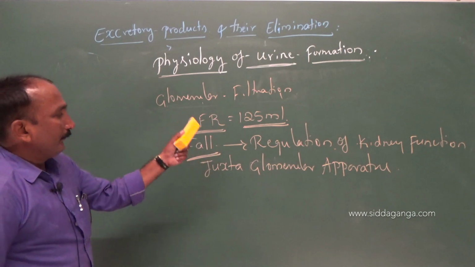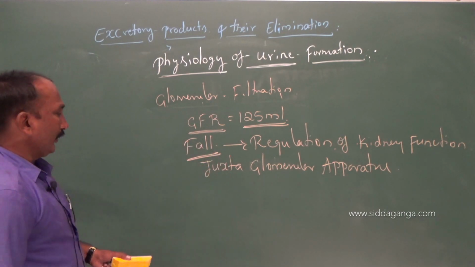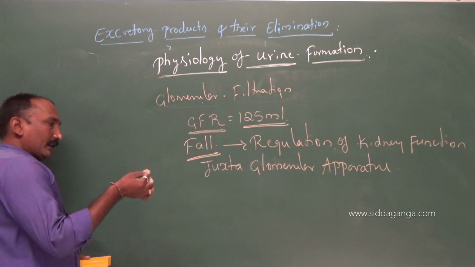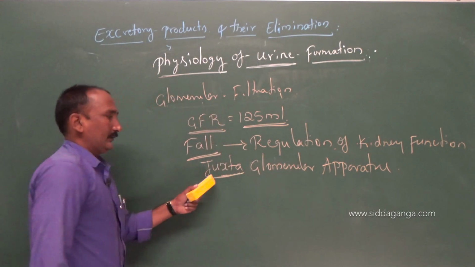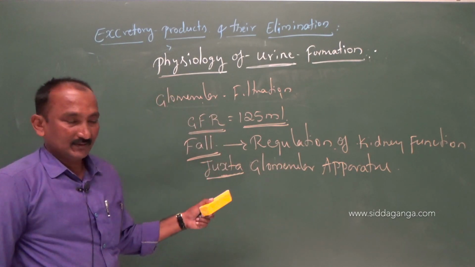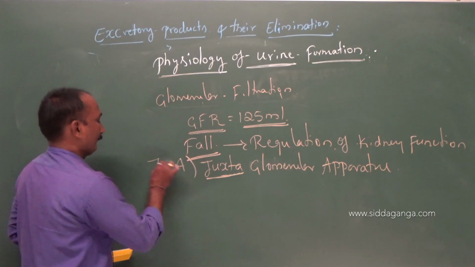Whenever GFR falls, one of the mechanisms to regulate kidney function is through the juxtaglomerular apparatus, simply called JGA for short.